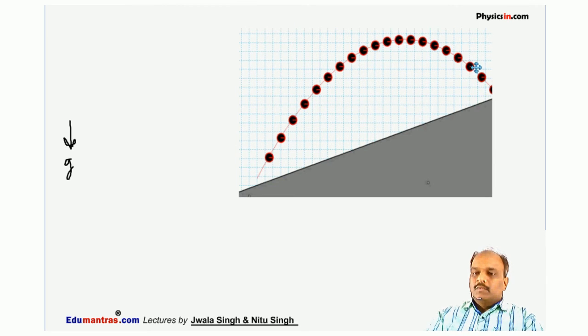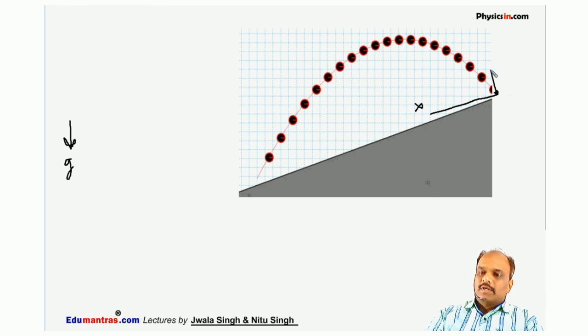Let this point be origin, this be our x-axis, this be our y-axis. G will always act vertically downward.